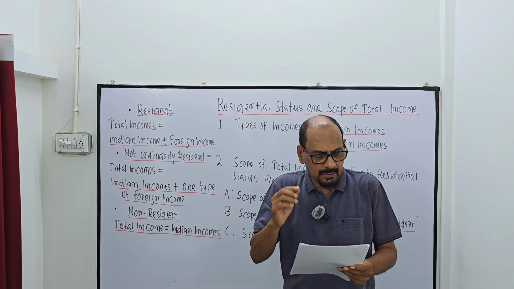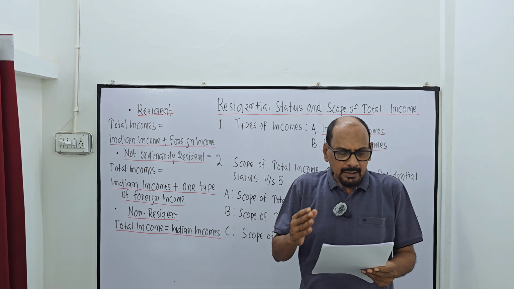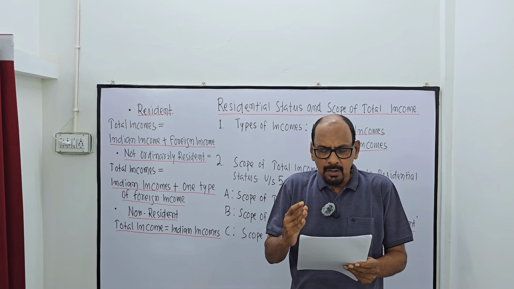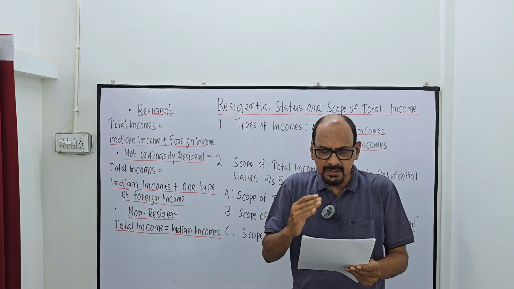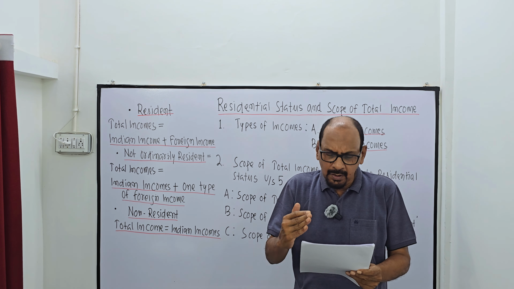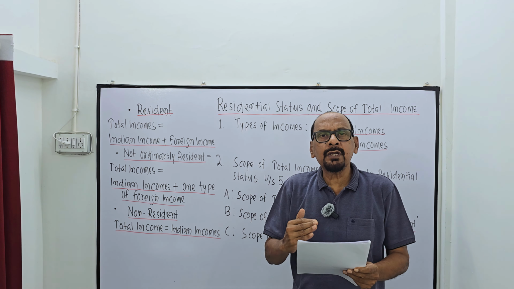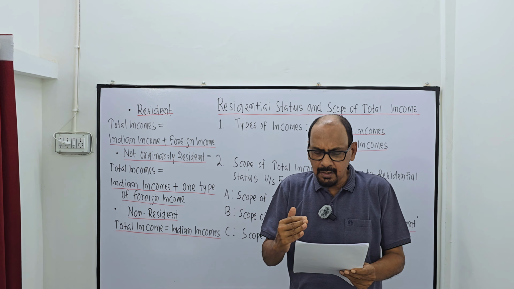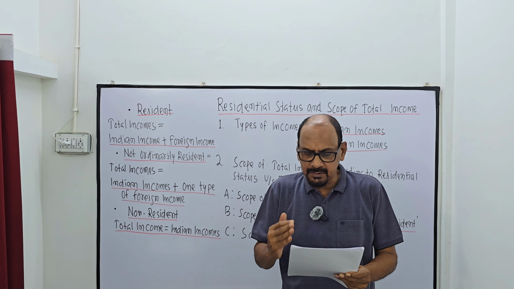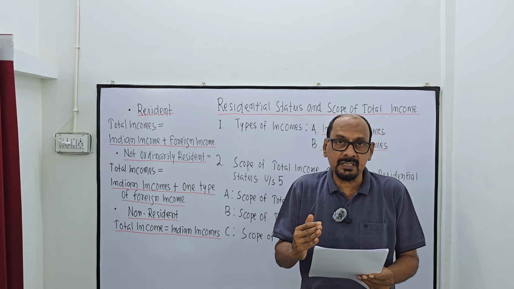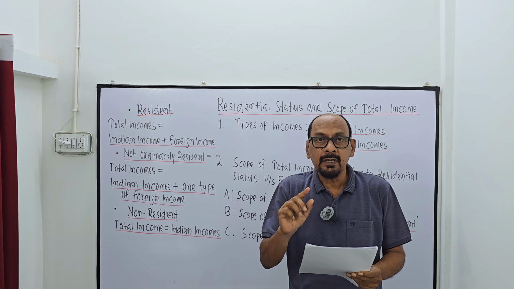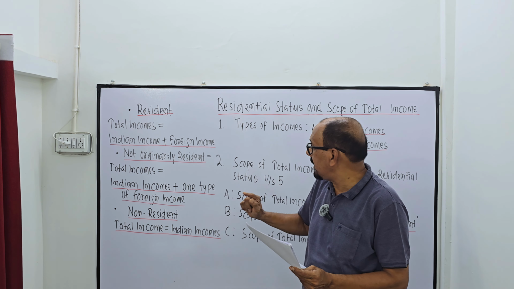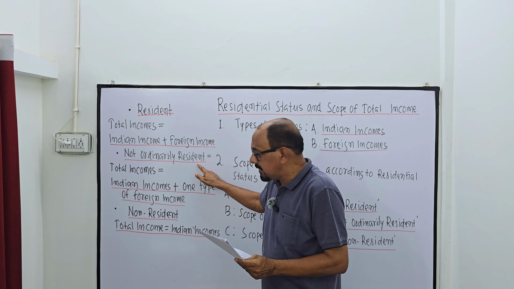The second category is income which accrues or arises or is deemed to accrue or arise in India during the relevant accounting year, irrespective of date and the place of its receipt.